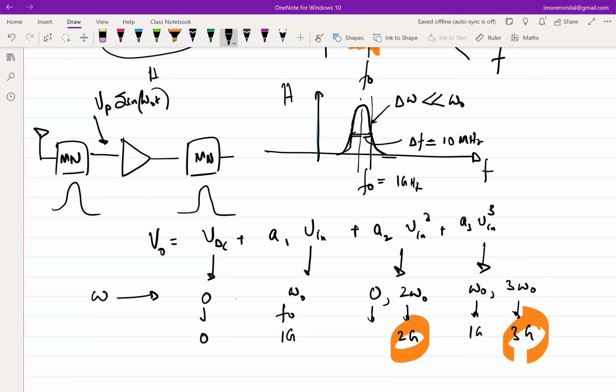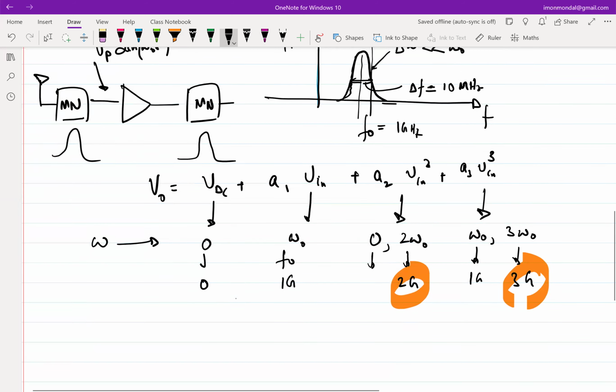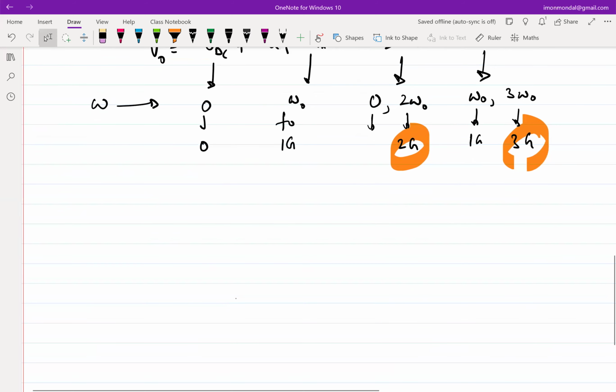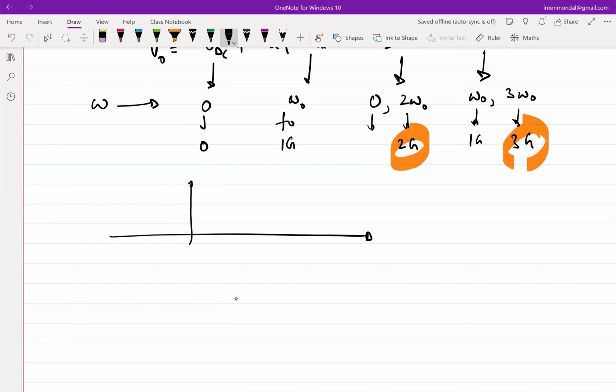So that's what we were doing at the end of the last class, where we said, let's apply 2 tones instead of doing multiple tones at a time. Let's apply 2 tones, where the assumption is, so I'm just now magnifying this band. So let's say this is the band.